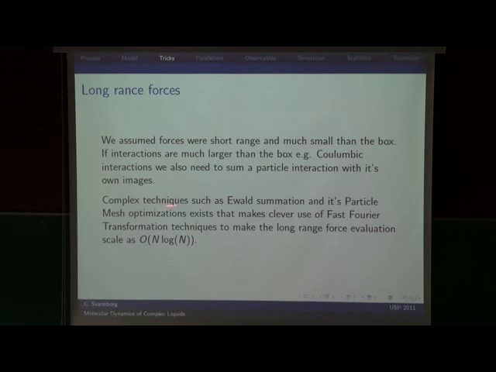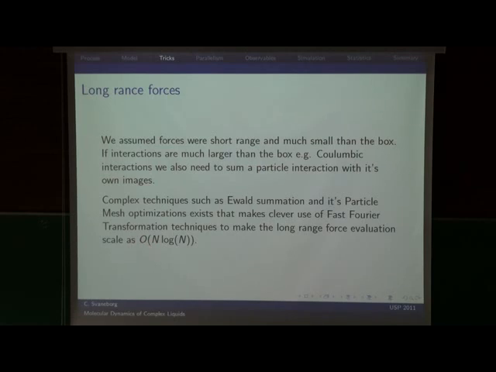There are complex techniques based on image information and an optimization called particle mesh techniques, which makes use of Fourier transform techniques. When you do this, you can get it down to scale as n log n. If you do not use the fast Fourier transform and the particle mesh optimization, the Ewald summation will scale as n to the 3/2.